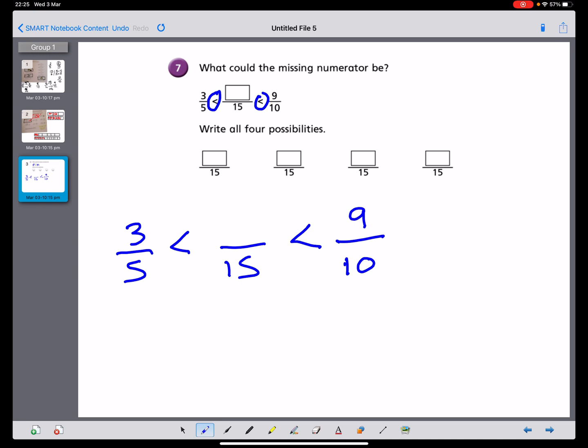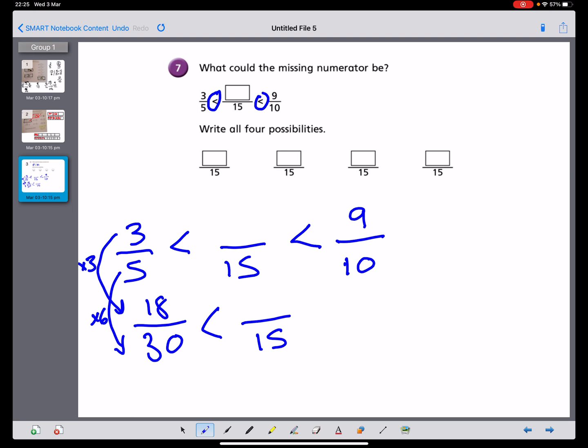Well, actually, I could make them all 30. 5 times 6 makes 30, which means I need to multiply 3 by 6, which is 18. 15, I multiply by 2 to make 30.